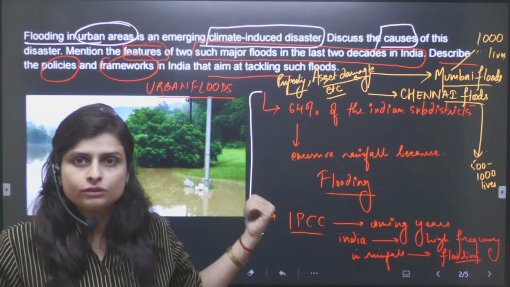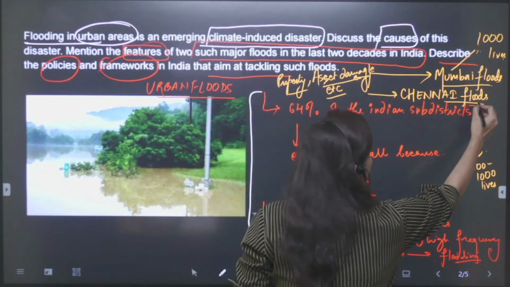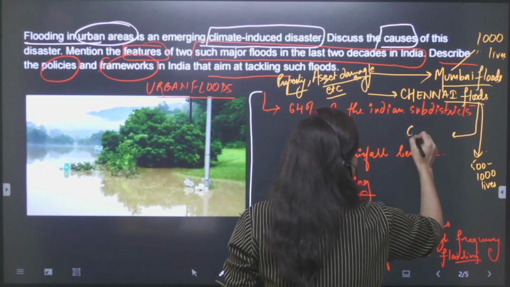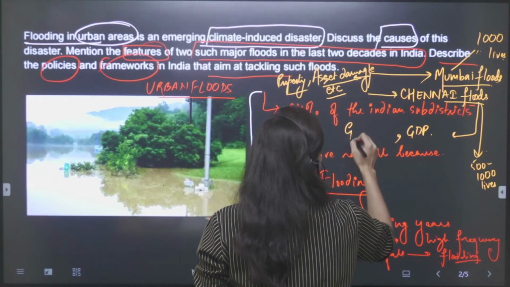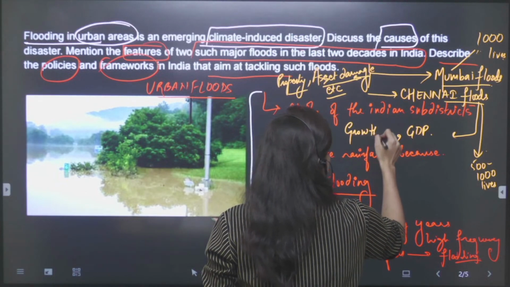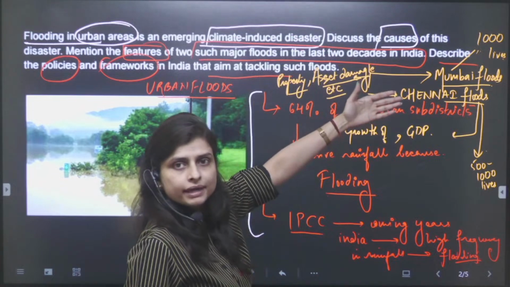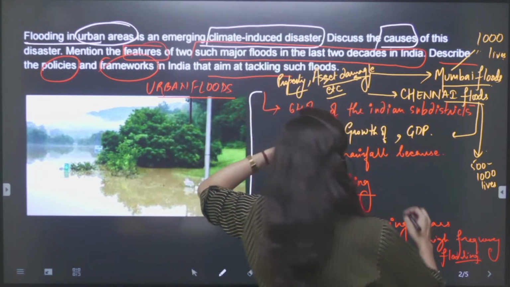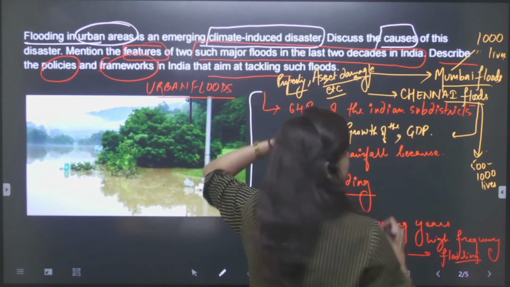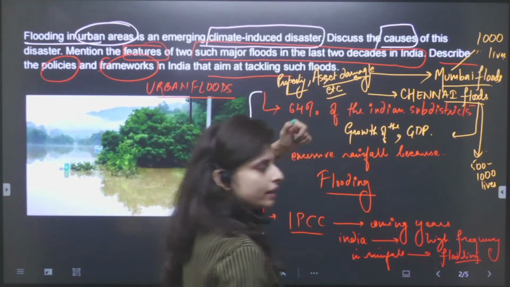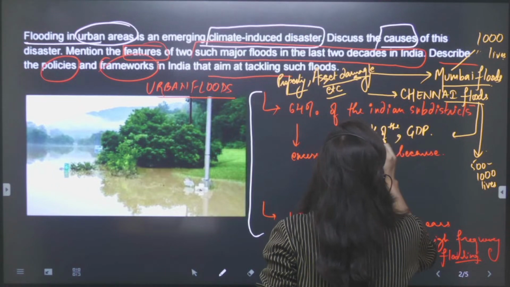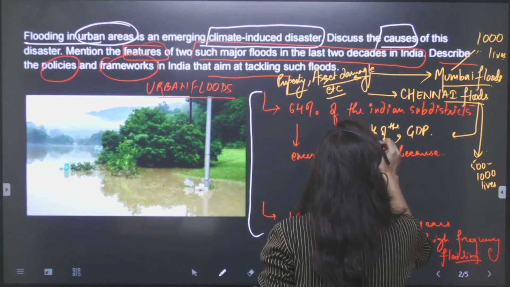So this is definitely going to hamper the GDP of the country. Then it is also going to affect the growth of the states. And as you see, it's Mumbai and the other one is Chennai, and both of them are key centers of the tech sector as well. So growth of the states.